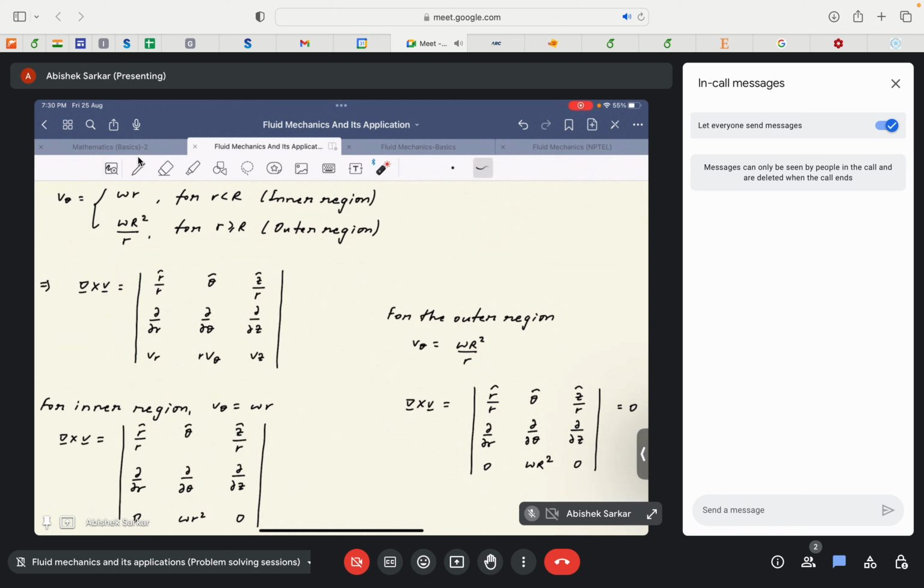The curl operator acts on the velocity vector, and to find that curl I have used its components from the cylindrical coordinate system.